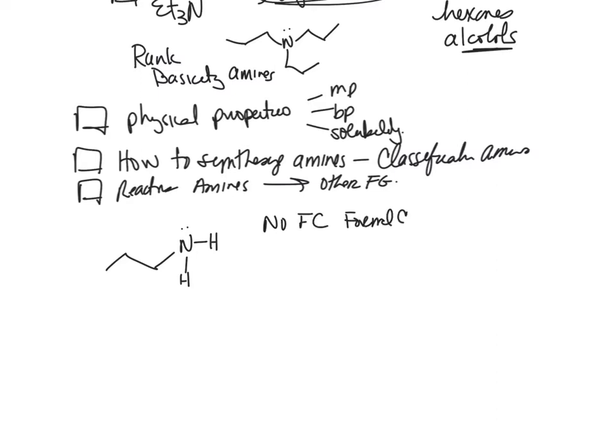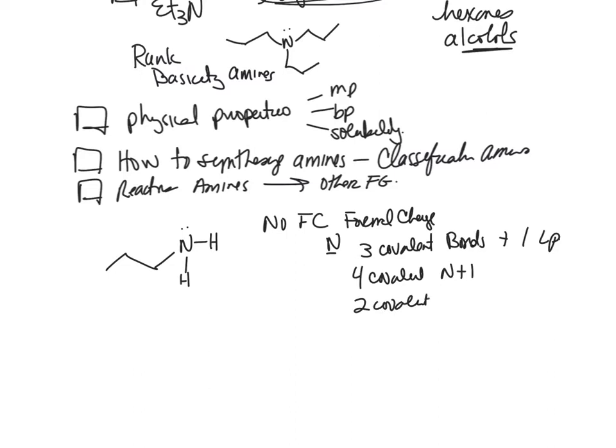It has to have 3 covalent bonds plus 1 lone pair. Anytime you get an extra, 4 covalent bonds, then nitrogen gets a plus 1 charge. If nitrogen has 2 covalent bonds plus 2 lone pairs, it has a minus 1 charge. You'll never get a plus 2 charge, because you have to follow the octet rule for nitrogen. Nitrogen needs 8 electrons.